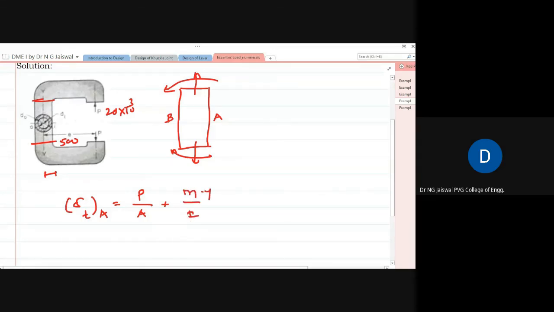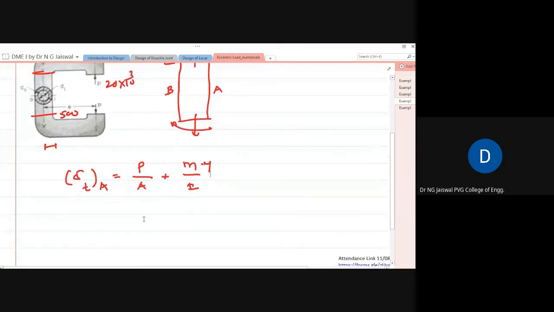I, I told you what it is, and both diameters are given. y is known, M is known, everything is known. A is equal to π by 4 (d² minus di²), that is the area. So everything on the right hand side is now known. You can get the answer.